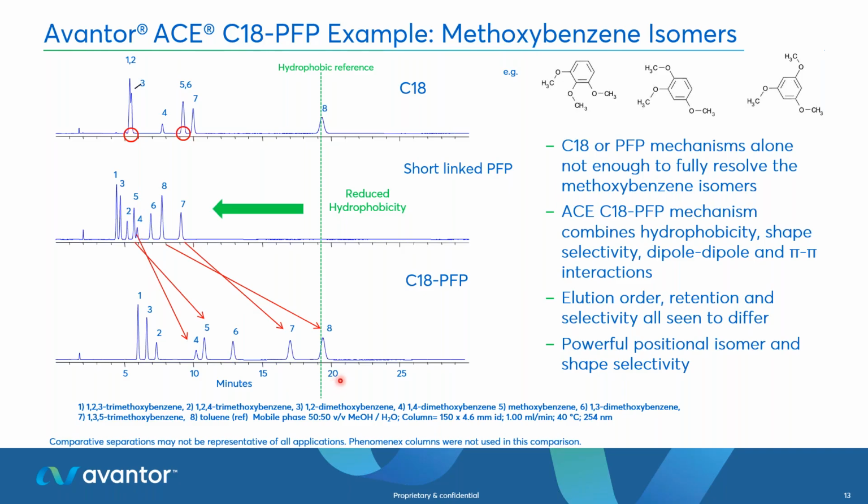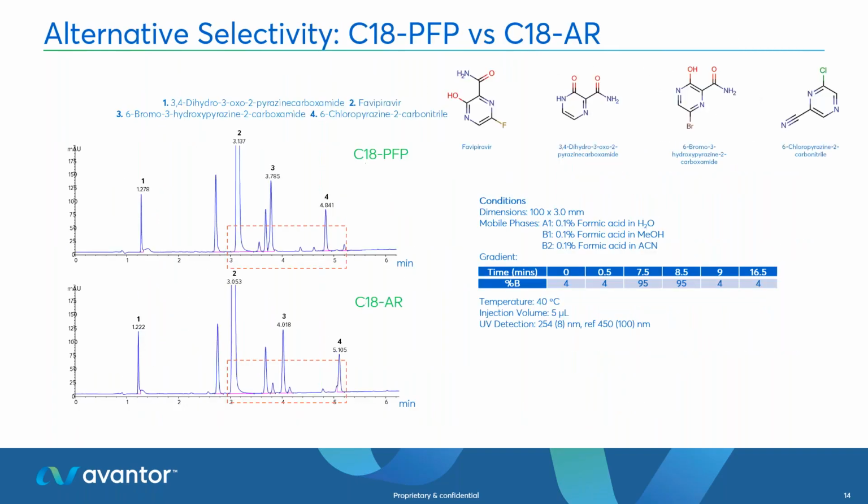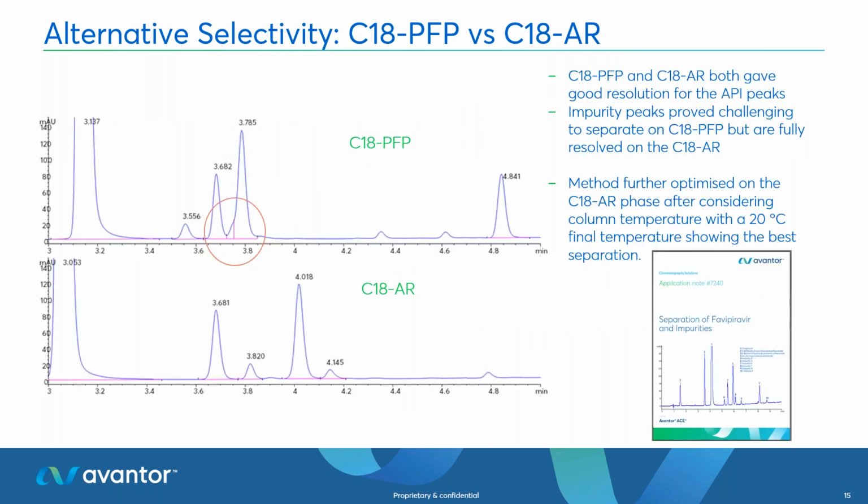You can go to a shorter column, smaller particle size, and really optimize this further from there. But you've got that wide separation window to play with, that big selectivity space. And as I mentioned, the PFP and the AR don't actually give you the same selectivity. They're different, and therefore they're quite complementary from each other. So you can utilize them in method development to get alternative selectivities.